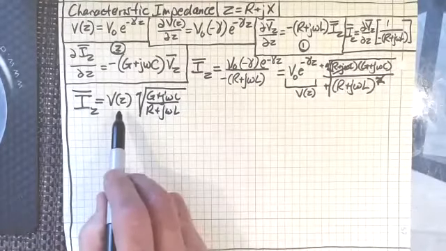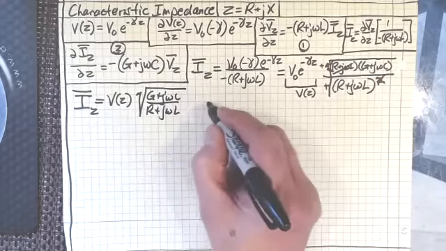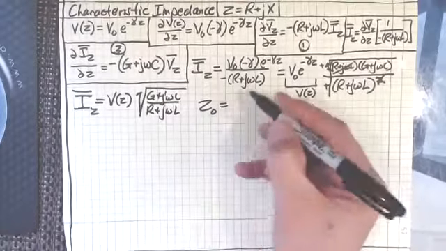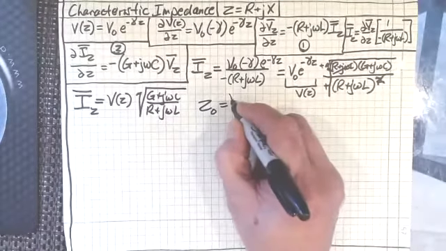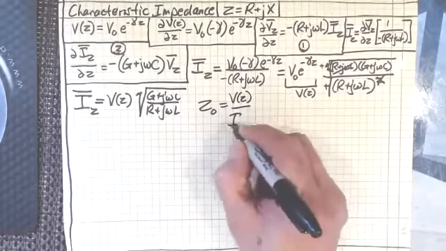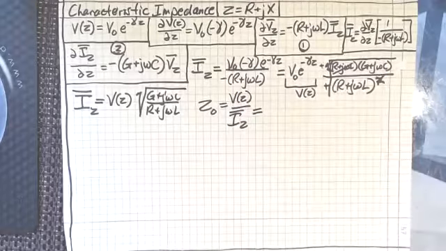Now, if we're looking for the characteristic impedance, what I want is V of Z over I bar of Z, right?